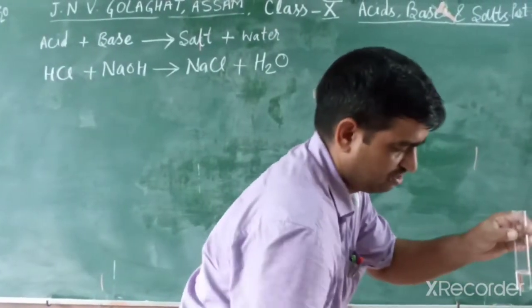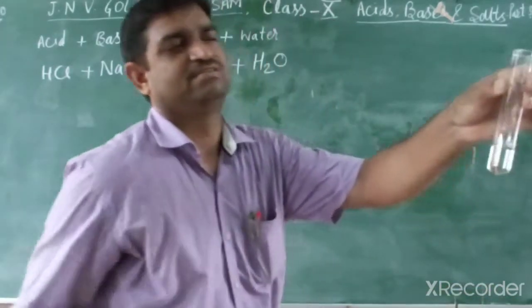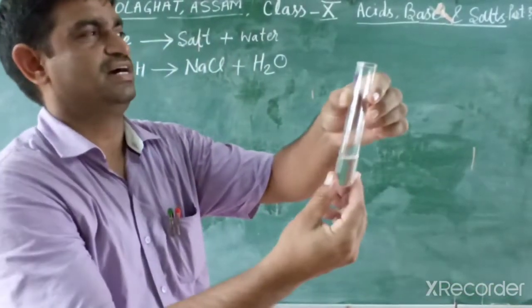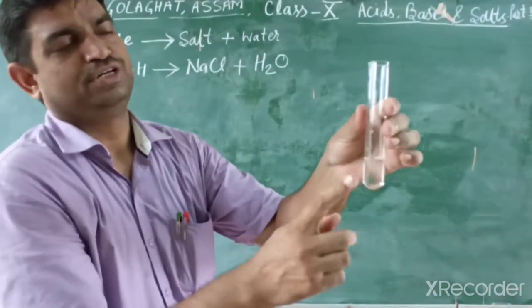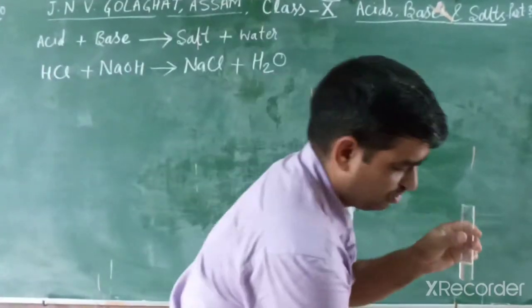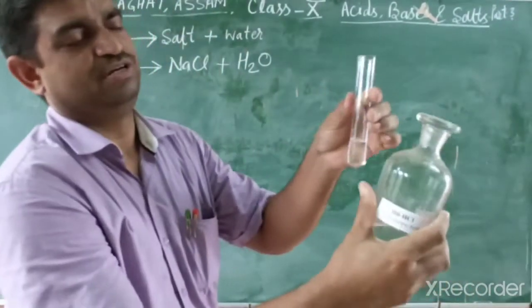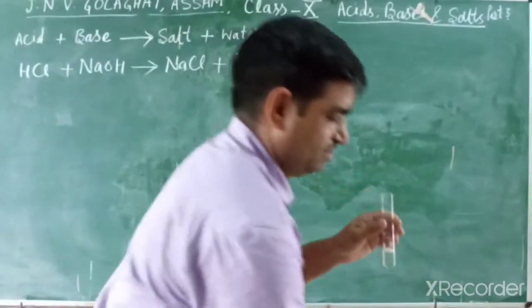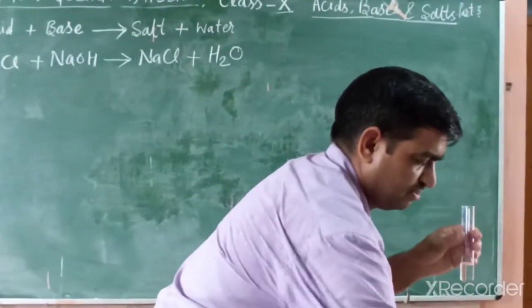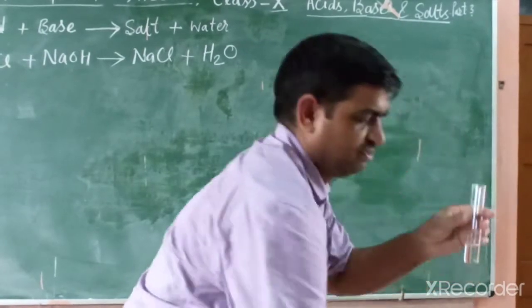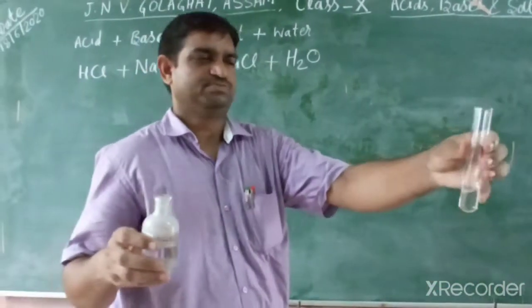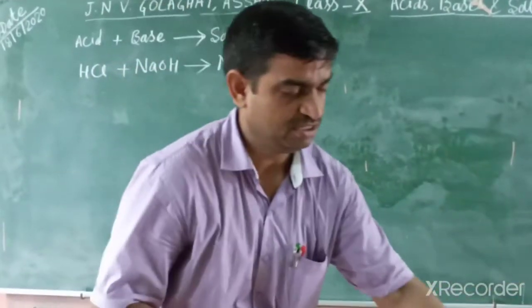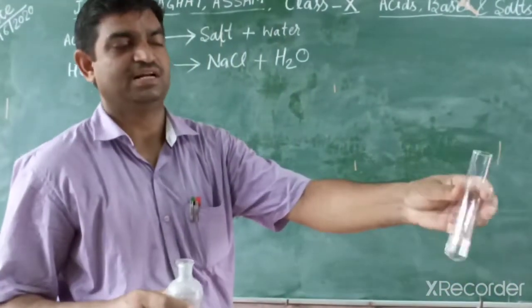The reason is that they react to each other and the overall solution is slightly acidic. Why? Because this one has more concentration, a greater number of hydrogen ions. The phenolphthalein changes into colorless.